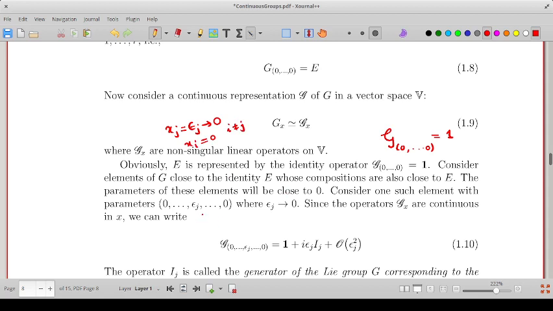So that means we have a parameter value given by 0 for x1, etc. up to x_(j-1). Then x_j is equal to epsilon_j, where epsilon_j is infinitesimally small. Then all other parameter values are 0.